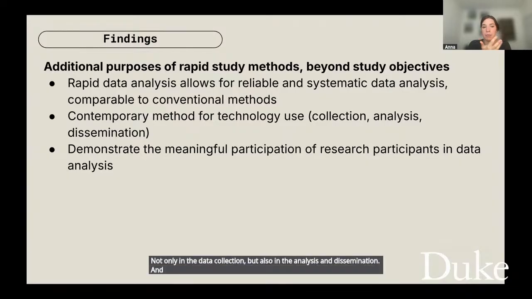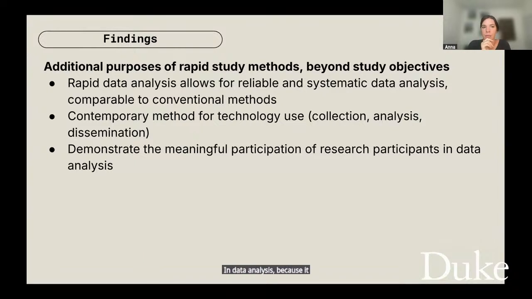And again, that it demonstrates the meaningful participation of research participants in data analysis because it allows you to have that real-time validation and interpretation of your results with your participants present.